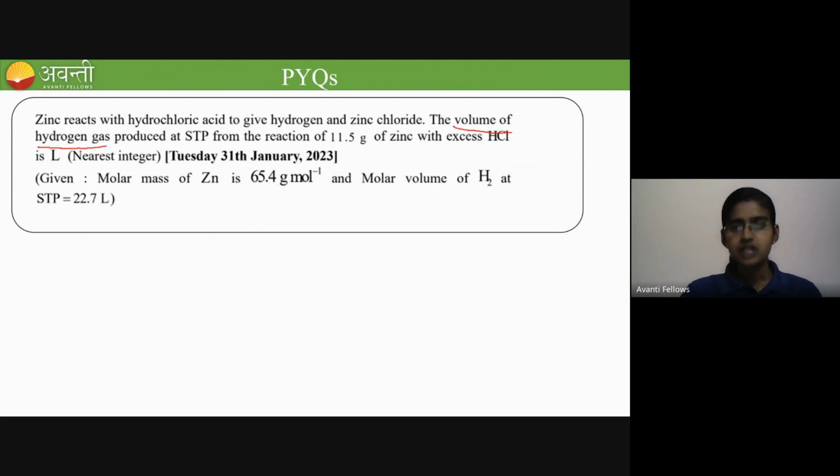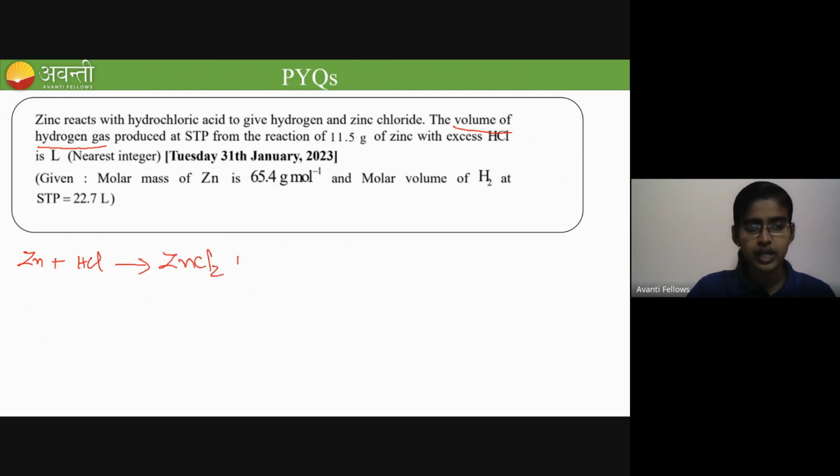To solve this question, let me write the reaction first. Here zinc is reacting with HCl to produce zinc chloride and H2. H2 is evolving. If I want to balance this, I have to put 2 here. Now the number of moles is equal to the given mass divided by molar mass.